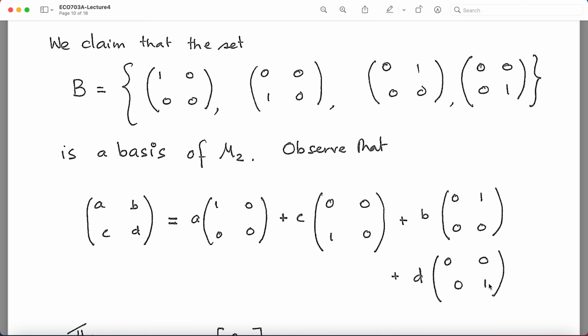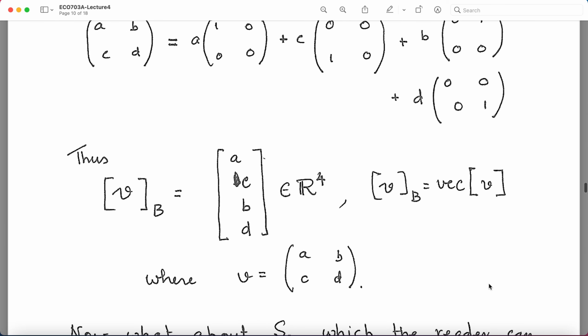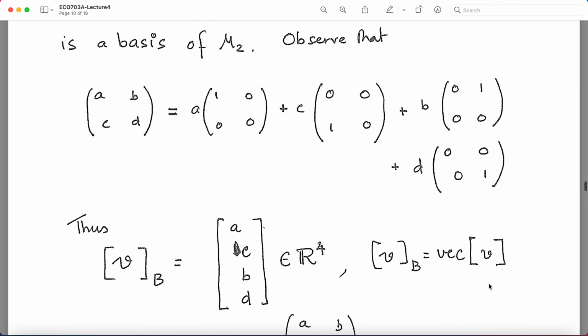I am sure all of you would understand this, and those who find it difficult can obviously mail me. So, now by the definition, what is the coordinate of the vector v, which is ABCD here?